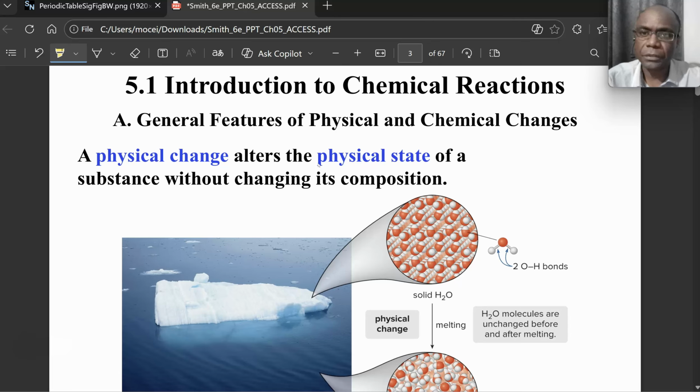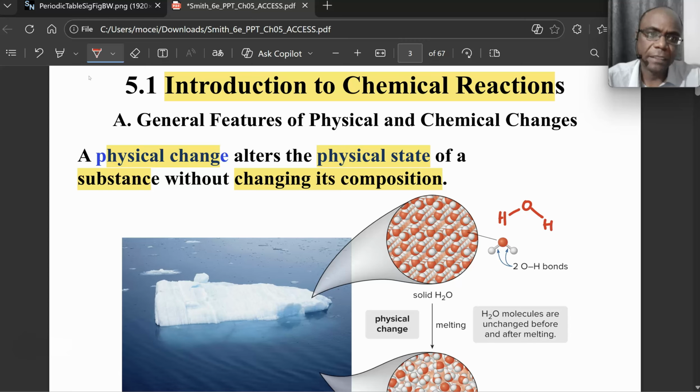Let's introduce the chapter, Introduction to Chemical Reactions. Now, to remind you, a physical change only changes the physical state of a substance, but it does not change its composition. An example here is given, that of water. The formula of H2O is just this, you know, the Lewis structure of water.